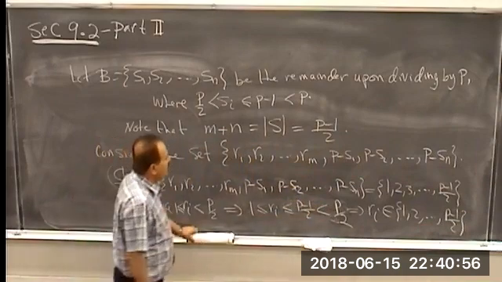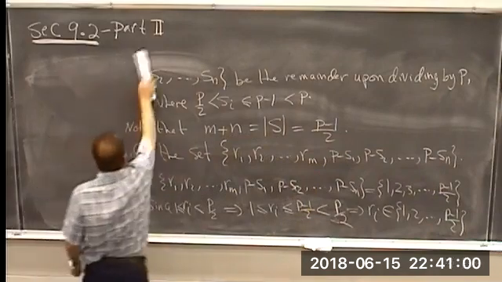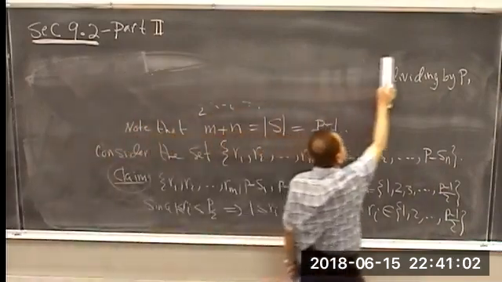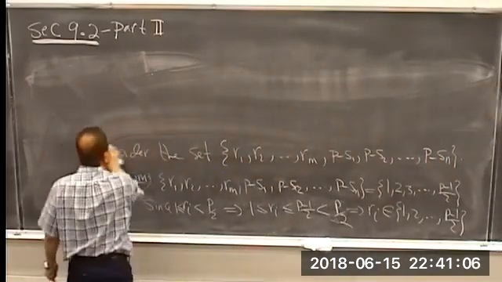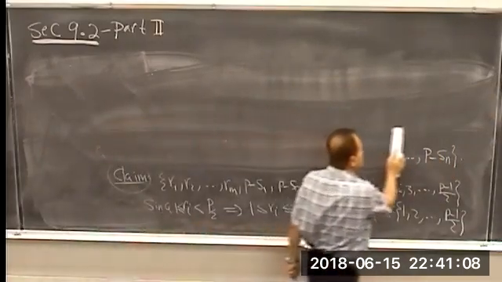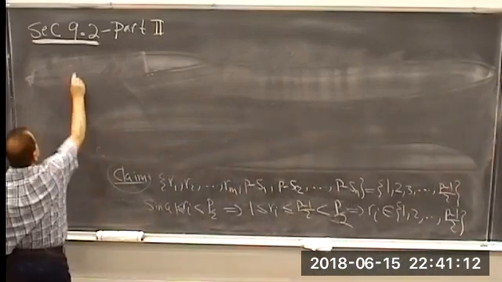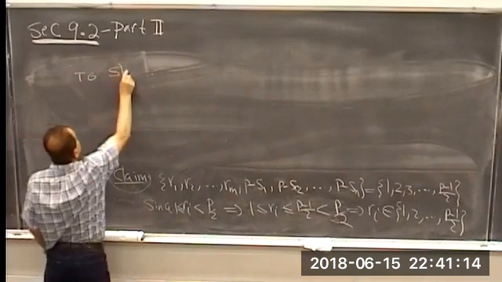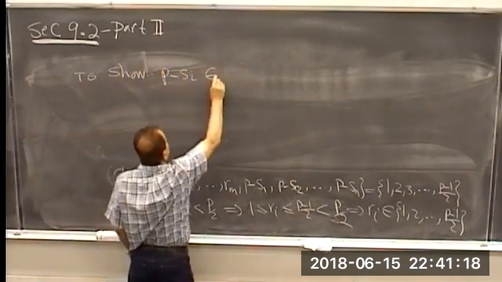Now, how about the p minus s sub i's? That's what we're going to do next, just to show the other elements in this set. P minus s sub i belongs to this.